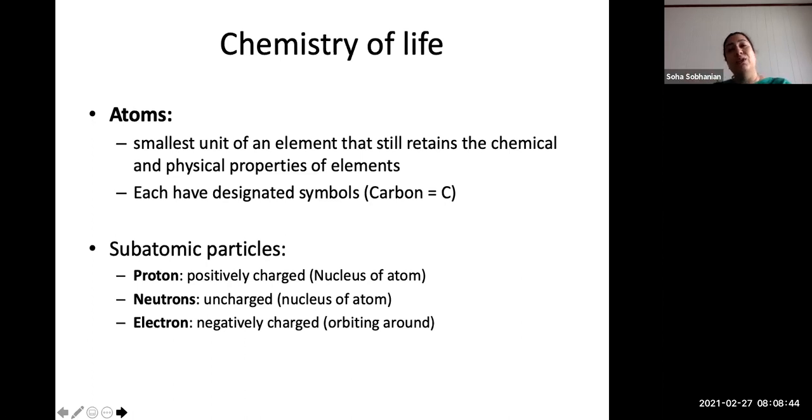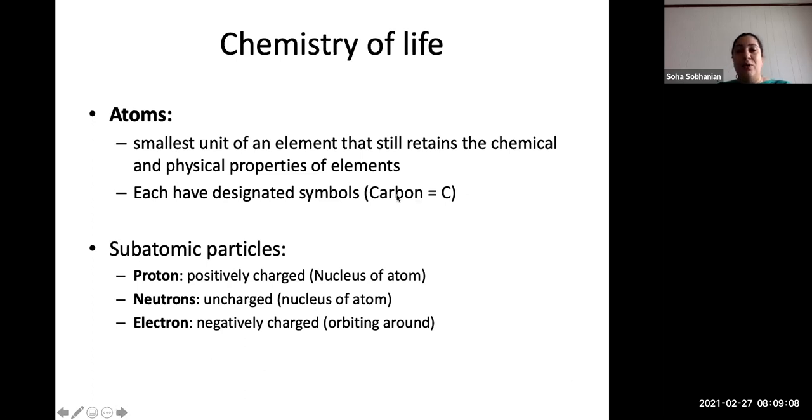Again, our goal is not to learn about the periodic table or to memorize every single element. Our goal is to understand its relationship to the anatomy of our body. That being said, you do need to know some of the atoms found inside our body and their shorthand on the periodic table.